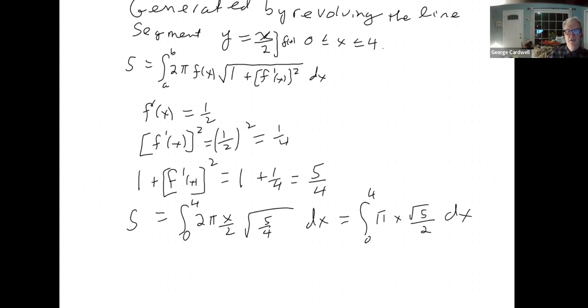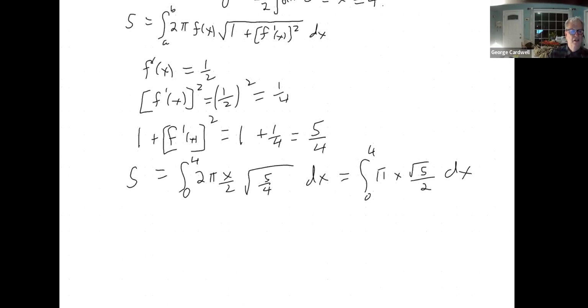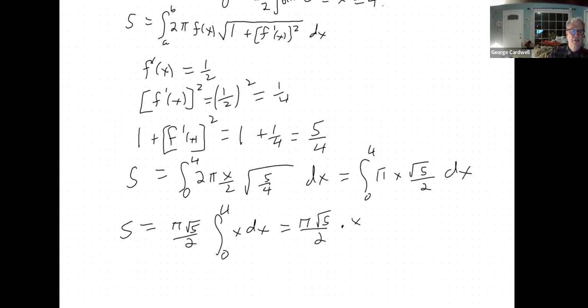So all the numbers I can factor out are pi times root 5 over 2, and then I integrate that from 0 to 4, and all I have left is x dx, which of course the integral of x dx is x squared over 2. So this is going to give me pi root 5 over 2 times x squared over 2, evaluated at 4 and 0.